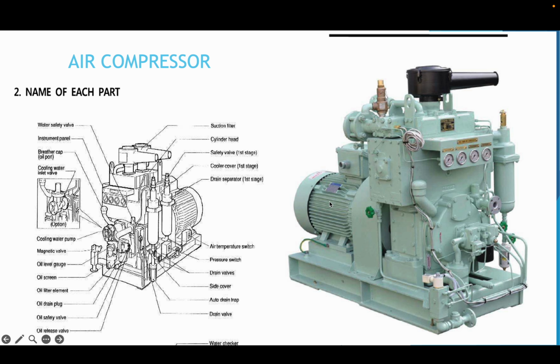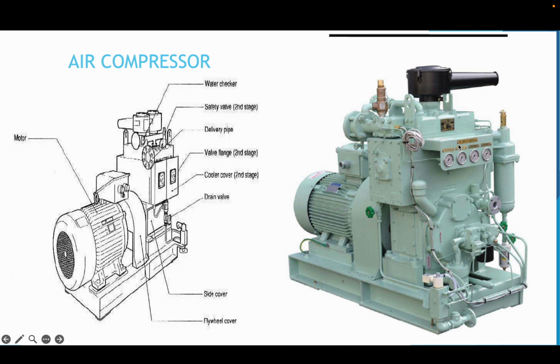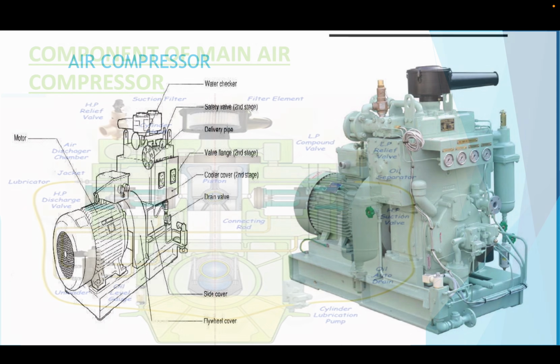After that, this is the motor which provides the drive, and this is the main component called the unloader, to unload at the time of starting. After that, these are the various gauges which indicate the first stage suction, first stage discharge, second stage suction and second stage discharge, and also the oil pressure of the compressor. After that, let's see the second thing.